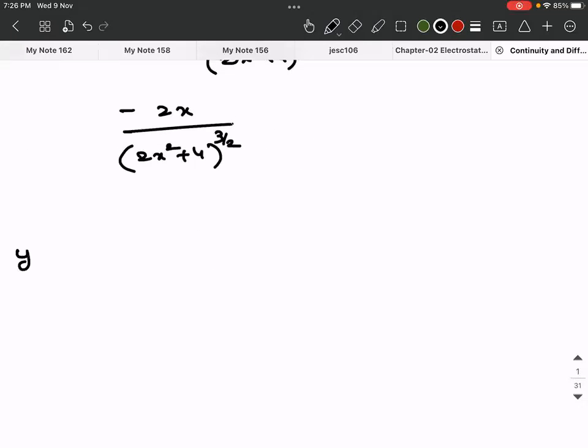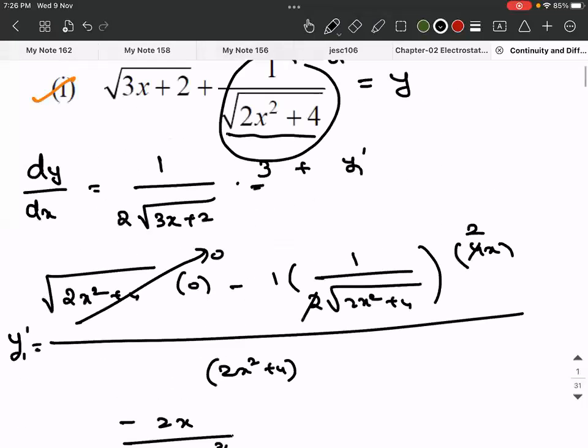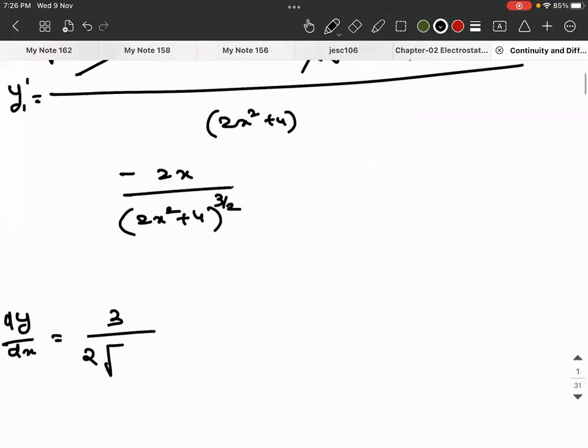So what is going to be dy by dx? 3 by 2 into root of 3x plus 2 minus 2x divided by 2x square plus 4 the whole power 3 by 2. This is going to be the final answer. Somebody is not clear, please get it clarified.